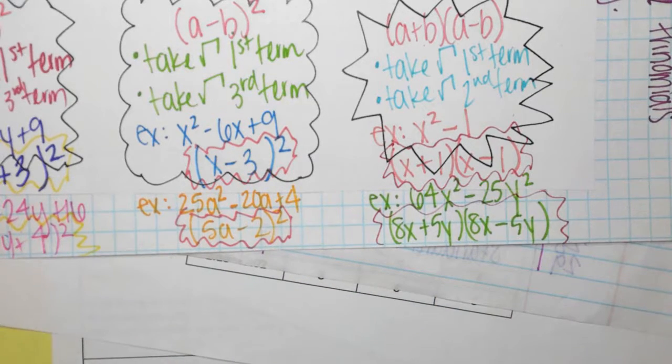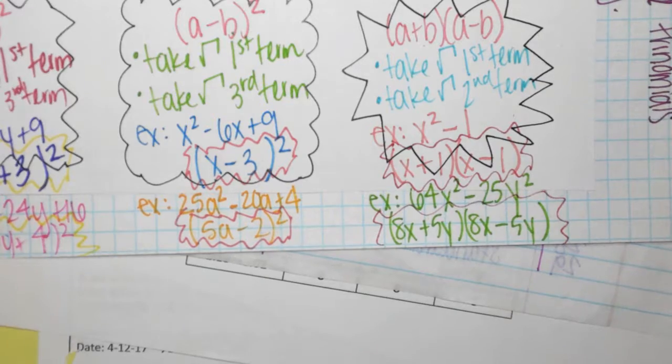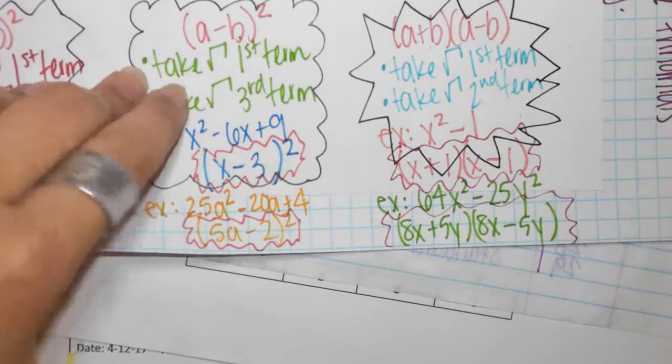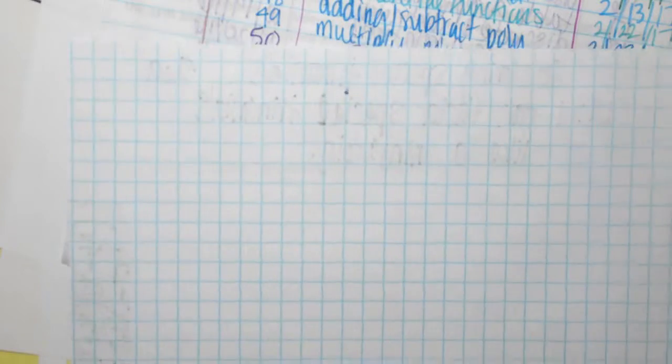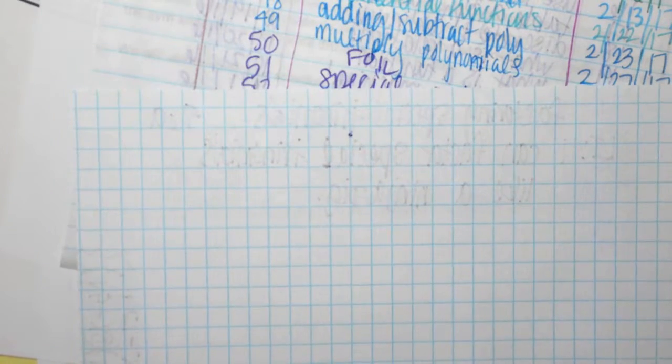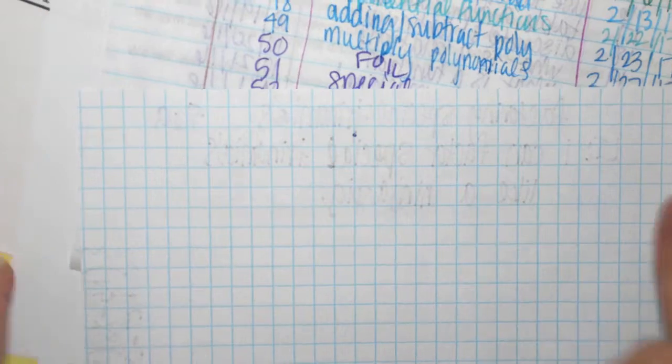Look at that. Alright, 4 problems, and then I'm giving you a packet. Is everybody ready? 4 problems on the back. 56B, as in potato.